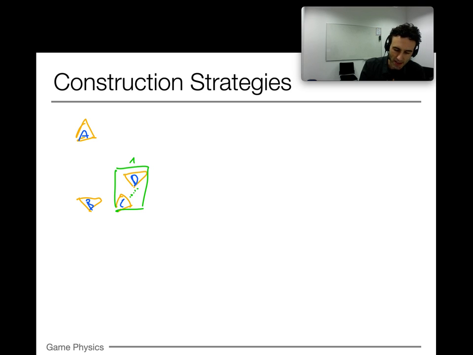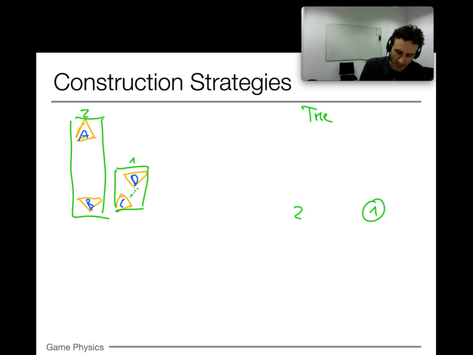In our hierarchy, in our tree, this would be a first leaf node. Then we're left with objects A and B, so let's fit another box around these. This would now be a second one, getting another leaf node here, and both of these leaves now contain some of our primitives.